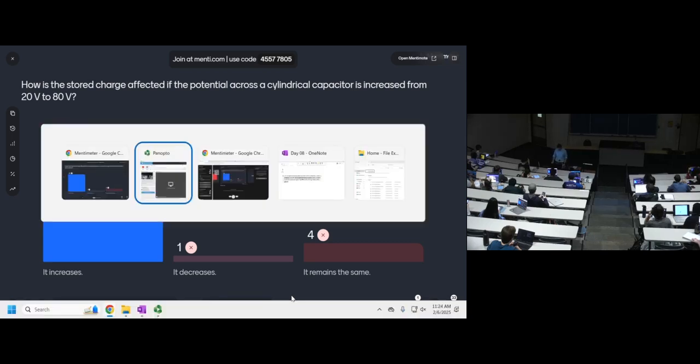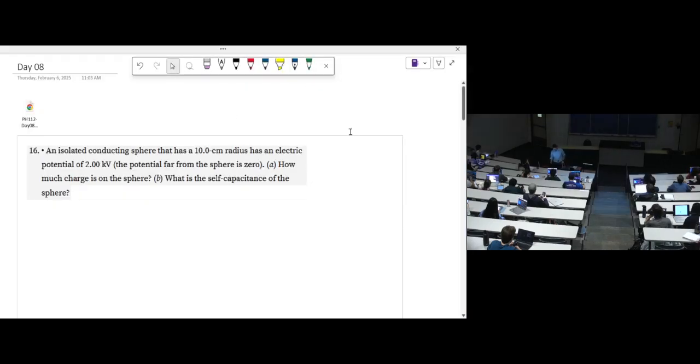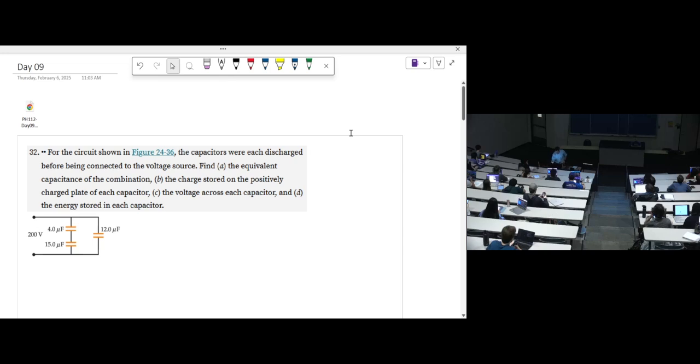You can see that from, for example, the equation for capacitance, which is Q per volt. And if this stays the same, then if voltage increases, charge has to increase. Or maybe an easier way to see that is multiply by V on both sides. You get C times V equals the charge on each capacitor.